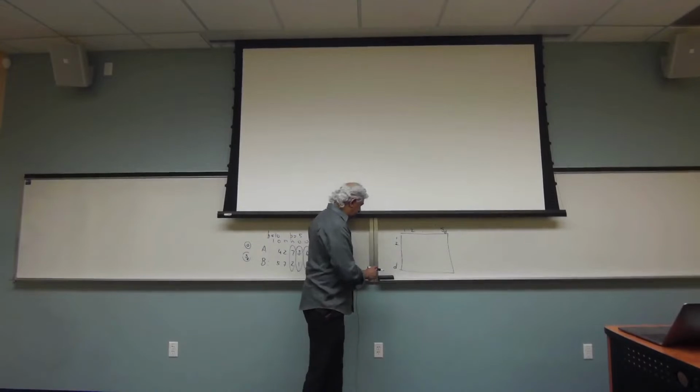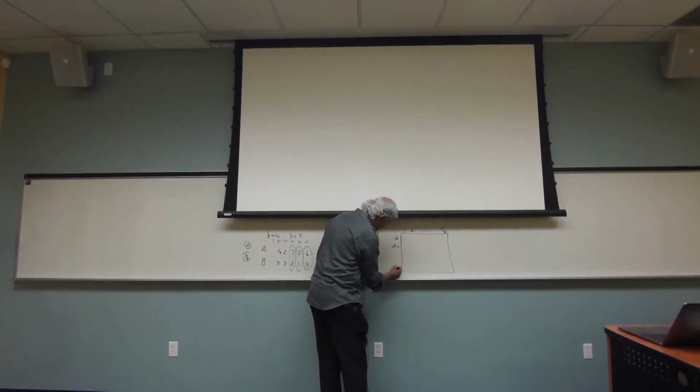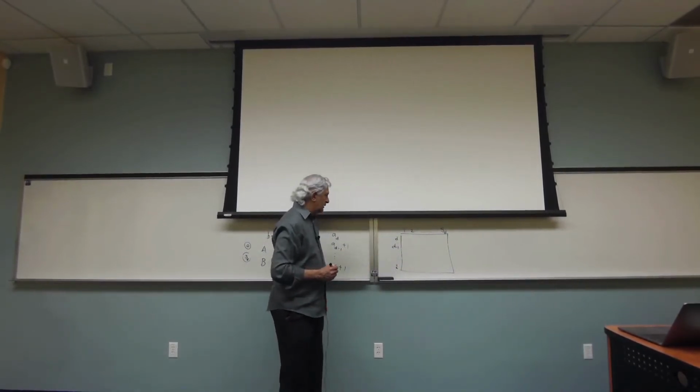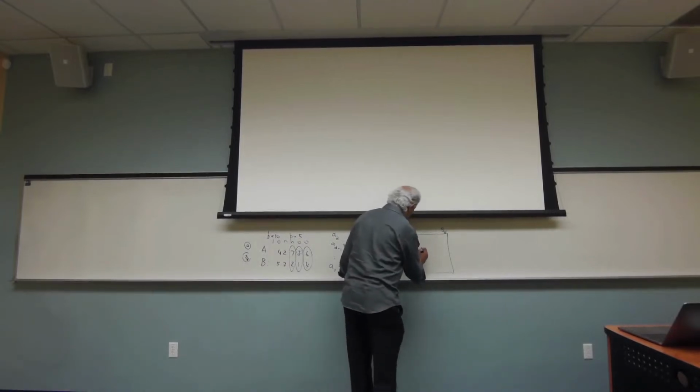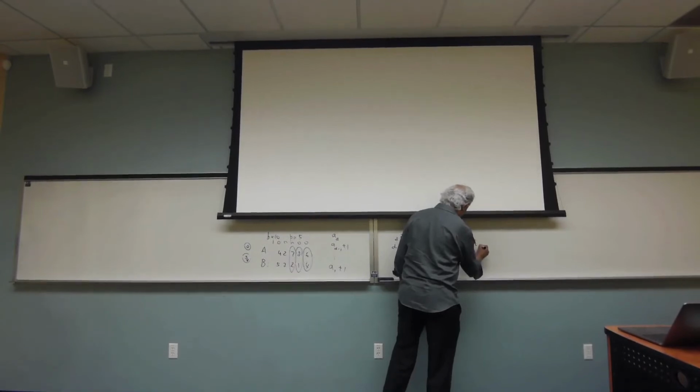I have decisions to make. So let's do it in the reverse order. D minus 1. Okay. This array, let's call this the D array. D of i comma j.